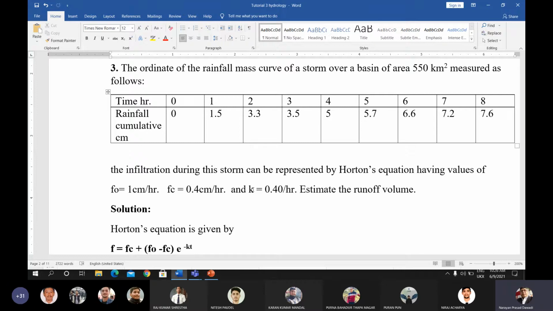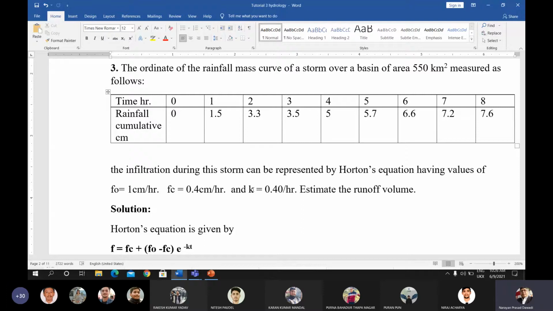The infiltration during the storm can be represented by Horton's equation, having values of F naught equal to 1 centimeter per hour, Fc equal to 0.4 centimeter per hour, K equal to 0.40 per hour. Estimate the runoff volume.